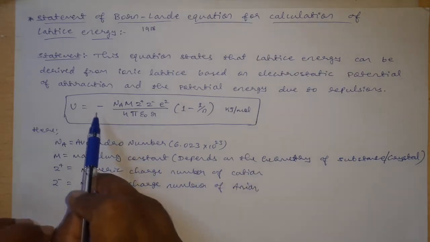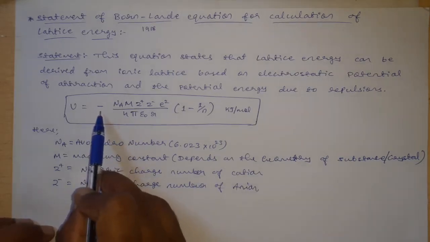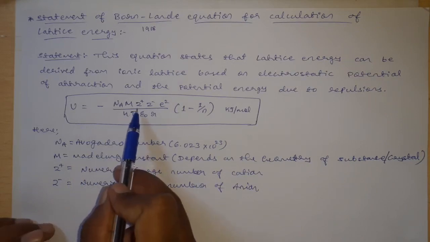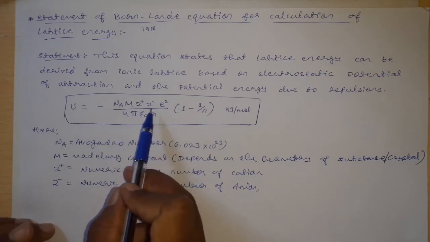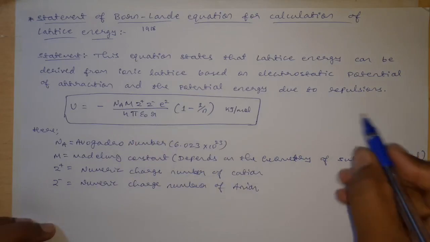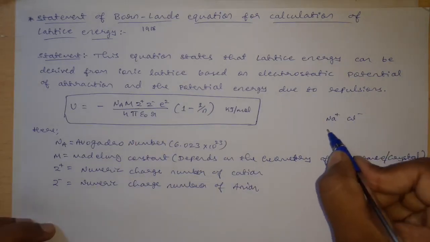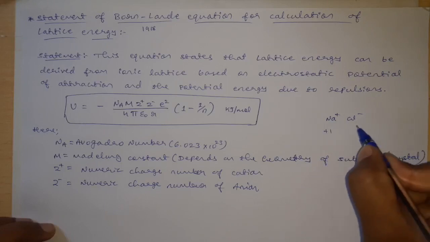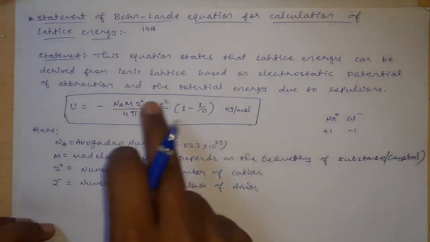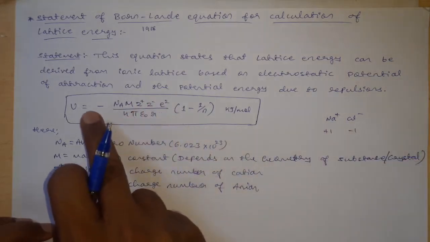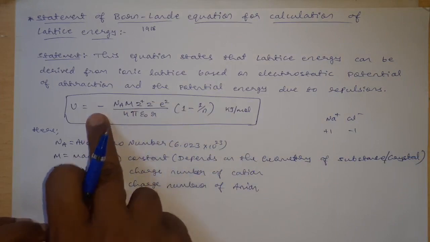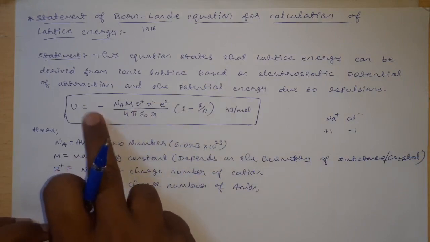See here, as we have already written negative, one cation is there, one anion is there. Take for example NaCl, Na plus is there, Cl minus is there. What is the charge on Na? Plus 1. What is the charge on Cl? Minus 1. On multiplying these two, we will get a negative sign. Therefore, I have already written the negative sign here.